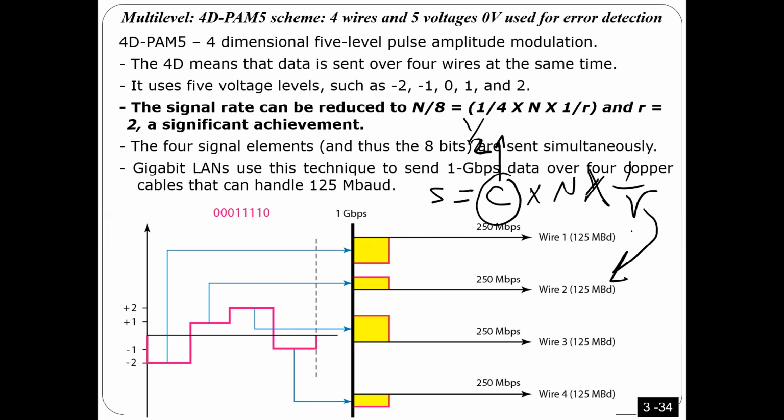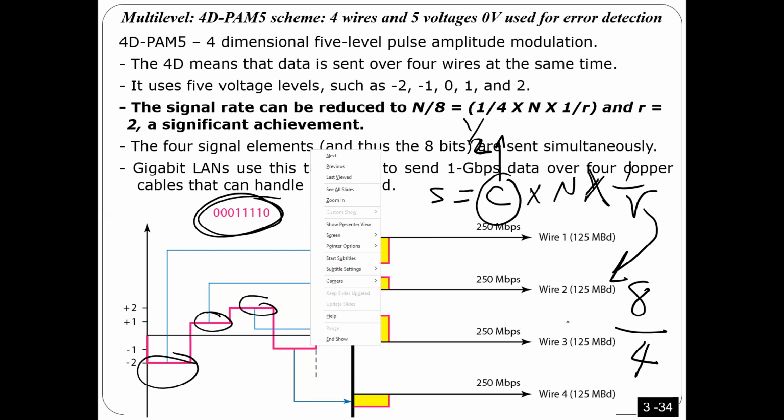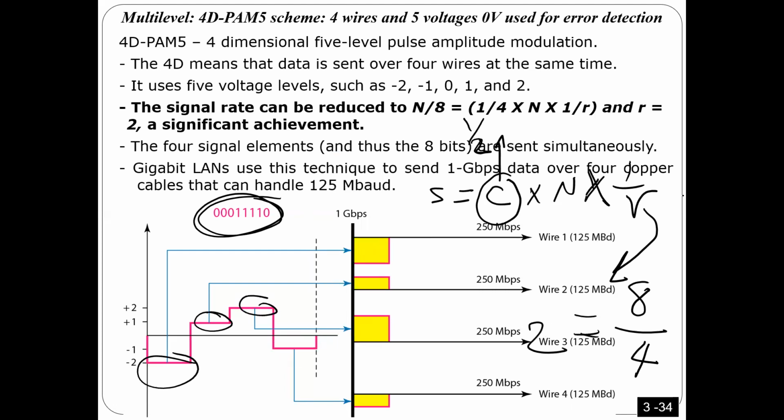R is how many bits we have here. This one is how many? 1, 2, 3, 4, 5, 6, 7, 8. So it's going to be 8 divided by 4. We have 4 signal elements here, 1, 2, 3, 4, which is 2. So R is 2.